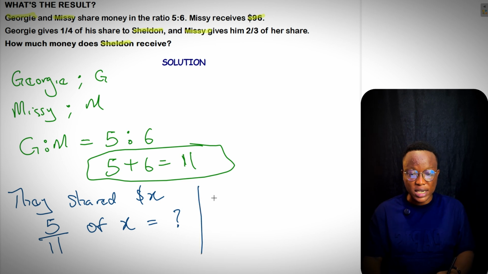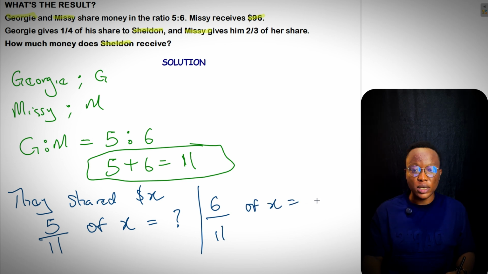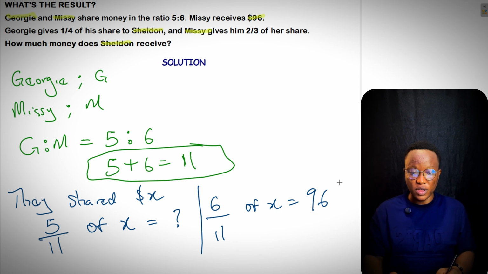And 6 out of 11 of X, that's what Missy gets. And the question says that's $96, right? So this is already giving us basic algebra, and we can find X from here.